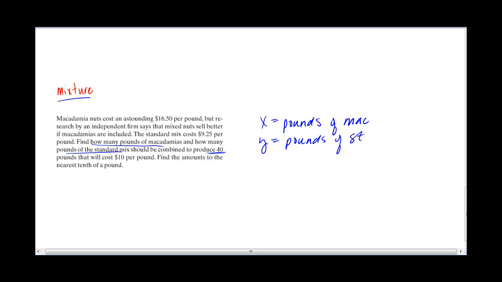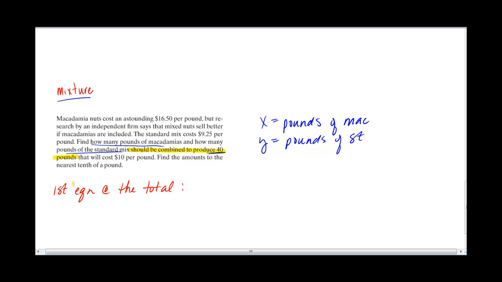Now the first equation that we're going to write is always going to be about the total. First equation is about the total. Okay? Now, this sentence, let me highlight it right here. It says, how many pounds of macadamias and standard mix should be combined to produce 40 pounds?